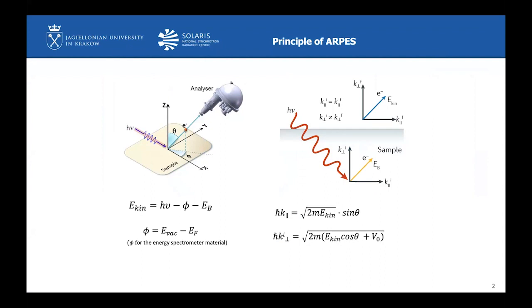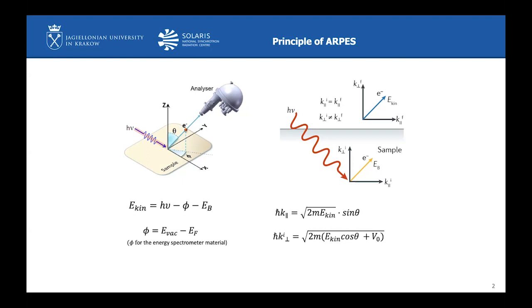So the very idea behind an ARPES experiment is to illuminate the surface of our samples with monochromatic light, and then we observe the electrons which are emitted during the photoelectric effect. And the electrons are emitted with different energies and at different angles.